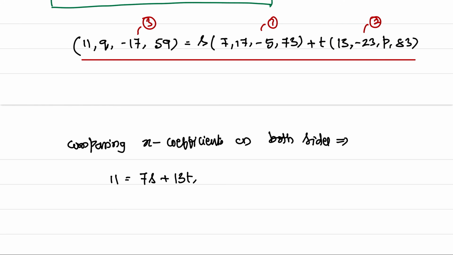And second, y coefficients, this is x, y, z, let us say. Q is equal to 17s plus, not plus, it is minus 23t. And when you compare the z coefficients, minus 17 is equal to minus 5s plus pt.